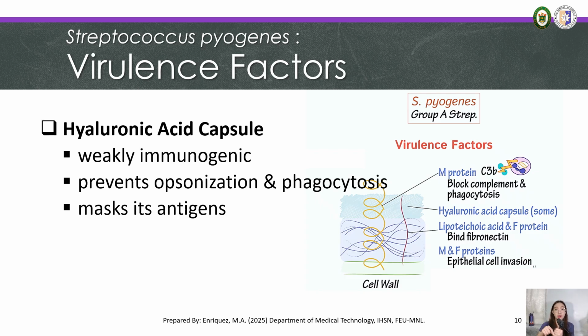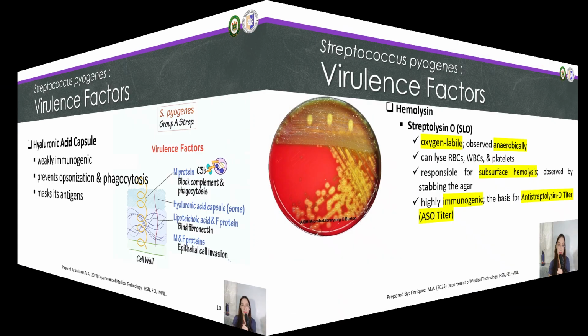But if the hyaluronic acid capsule is covering yung mga antigens ng bacteria, hindi sila mahahanap nung antibodies ng immune system natin, and the antibodies of our immune system would have nowhere to bind, 'di ba? And if they don't bind, phagocytosis doesn't happen. All right? So that's for the hyaluronic acid capsule. So again, this is one of the virulence factors of Streptococcus pyogenes.